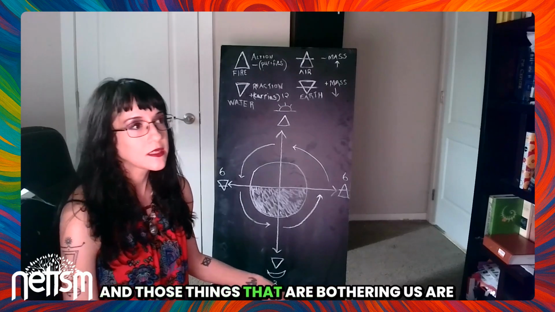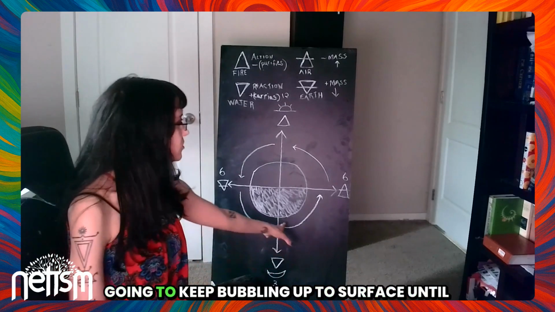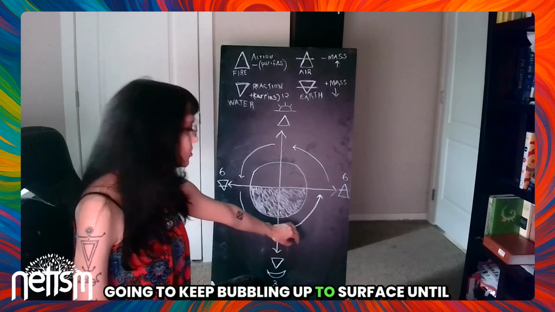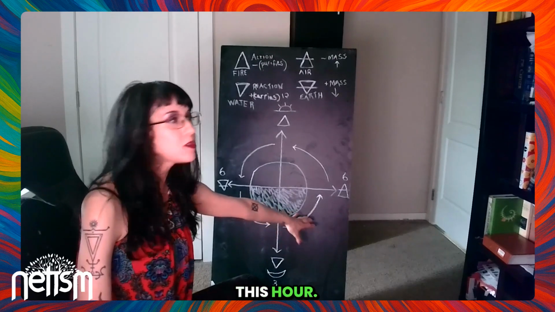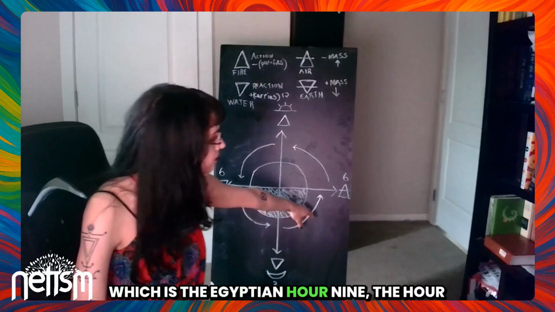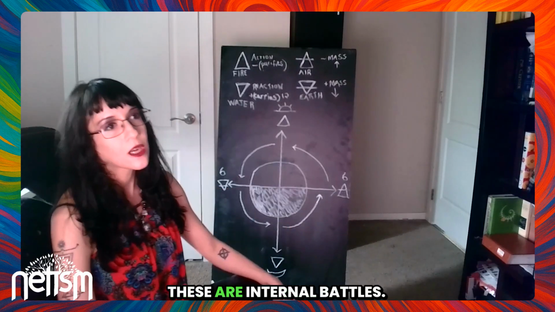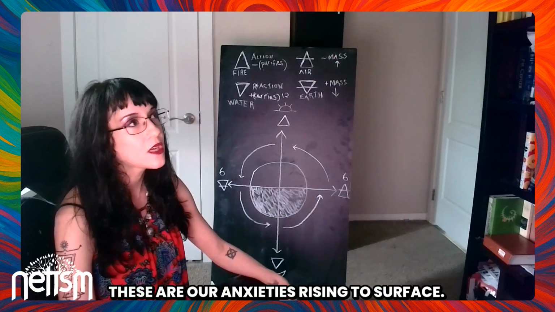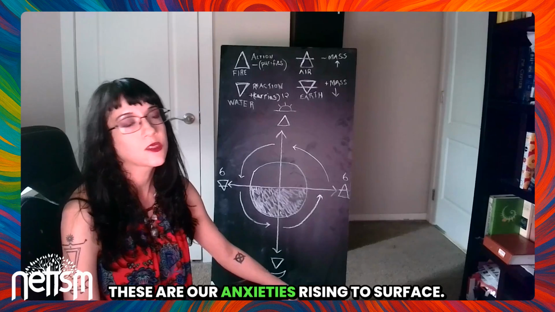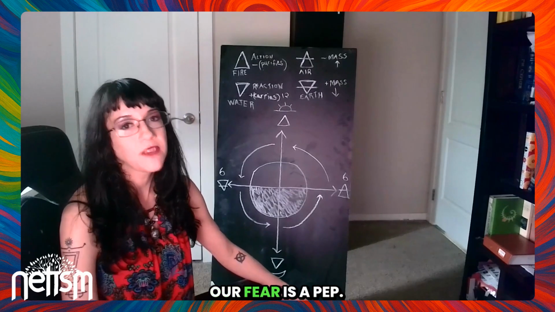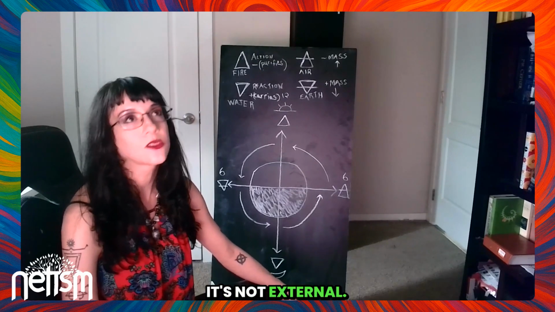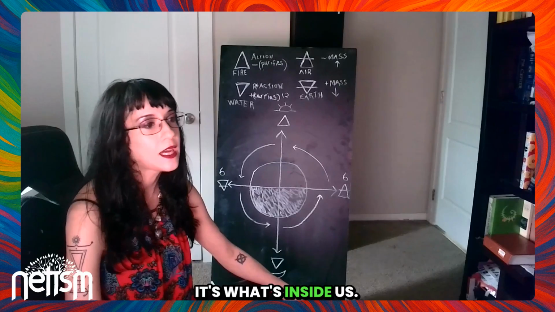And those things that are bothering us are going to keep bubbling up to surface until this hour, which is the Egyptian hour 9, the hour of Apep or Apophis. These are internal battles. These are our anxieties rising to surface. Our fear is Apep. It's not external, it's what's inside us.